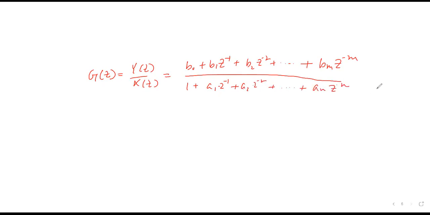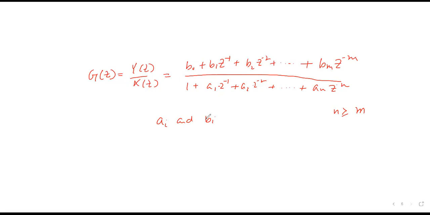So we are assuming that our poles, that is n, is greater than or equal to 0. Okay, and what are the ai and the bi? They are actually the real coefficients of the pulse transfer function equation. Now, this is a general form.